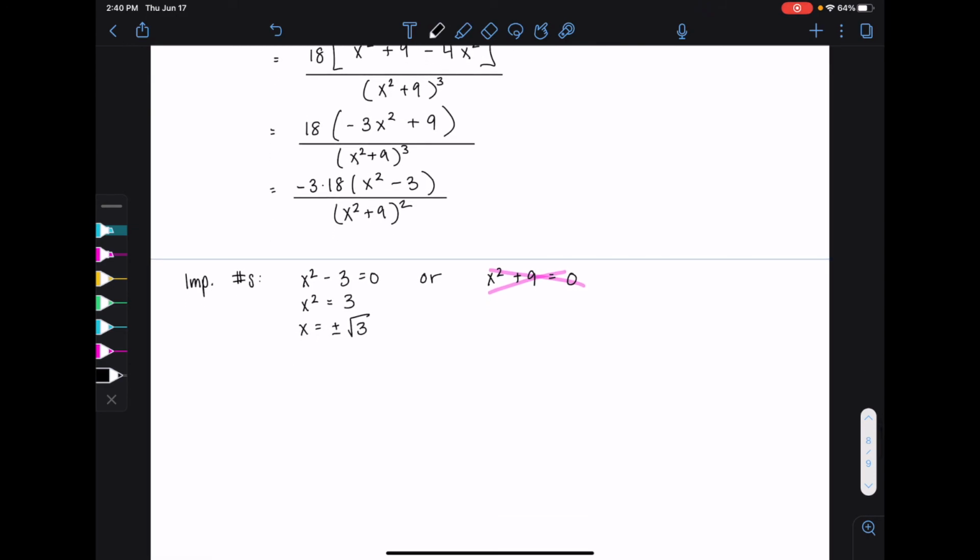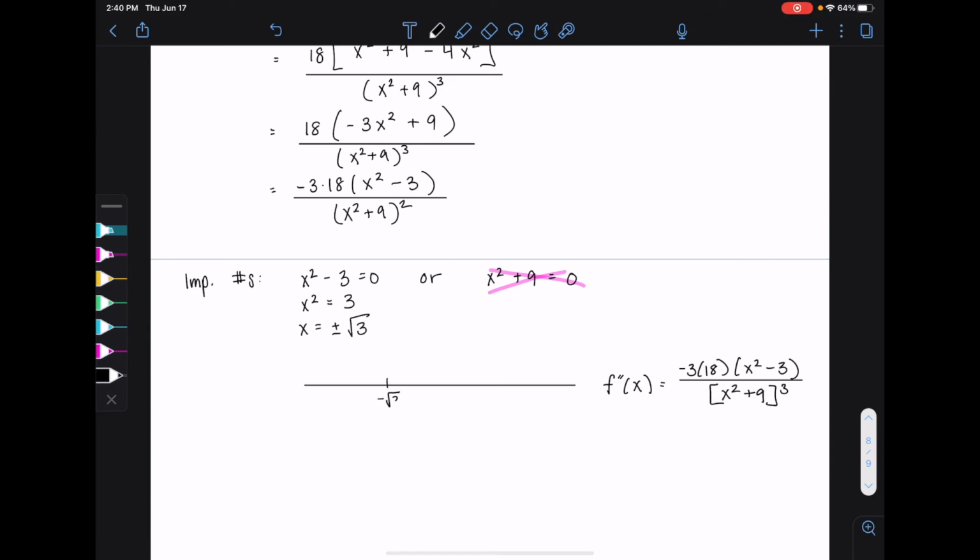Okay. So we need to test concavity with our second derivative, which is negative 3 times 18 times x squared minus 3 over x squared plus 9 to the third.